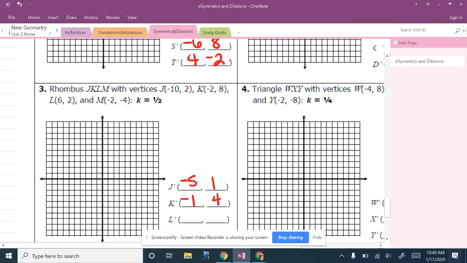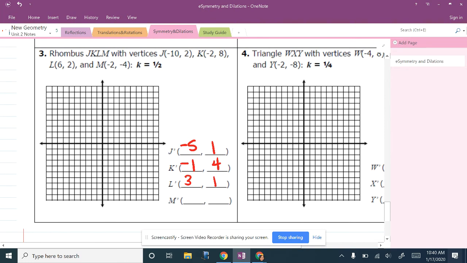And what do you think L prime is going to be? 3, 1. And then M prime, negative 1, negative 2. Okay? So sometimes if your scale factor is a fraction, you might get like 2.5 or something like that. So keep in mind that that could happen. All right?